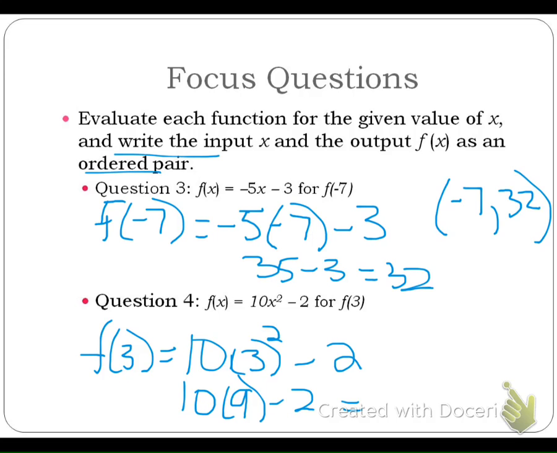You have to do multiplication before you do subtraction, so it would be 90, because 10 times 9 is 90, minus 2. So our output then would be 88. Our final answer as an ordered pair would be 3, 88.